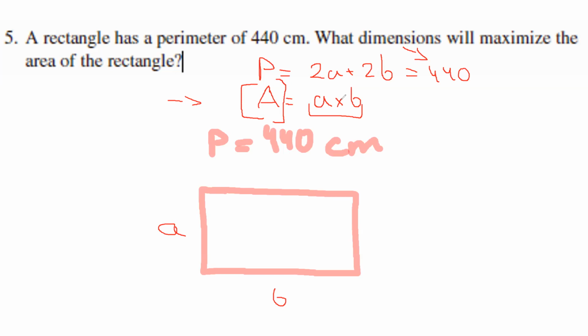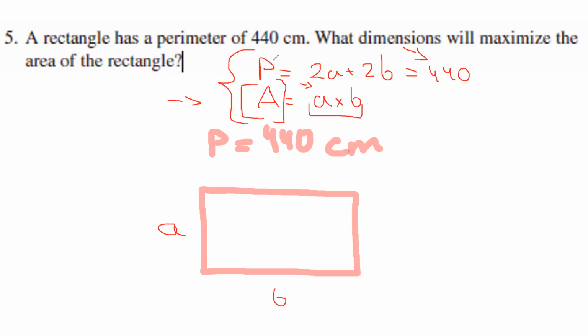And I would like to do it so that I have only one variable. I don't need A and B, I want only A or only B. Another funny thing to notice is that these two functions are connected. They both depend on the same variables.